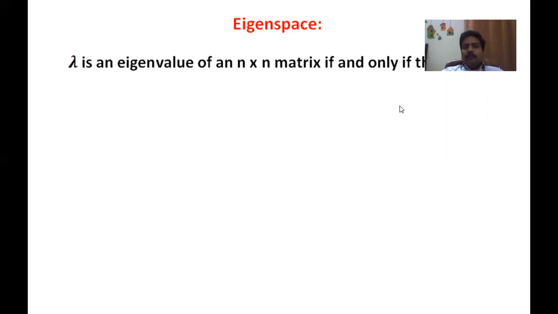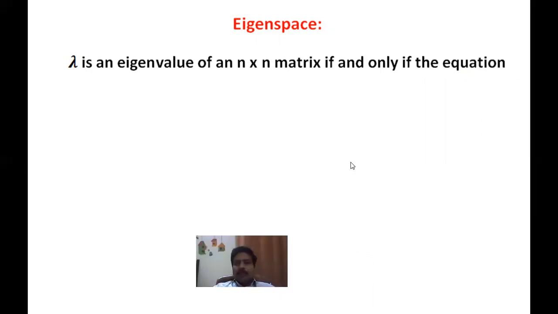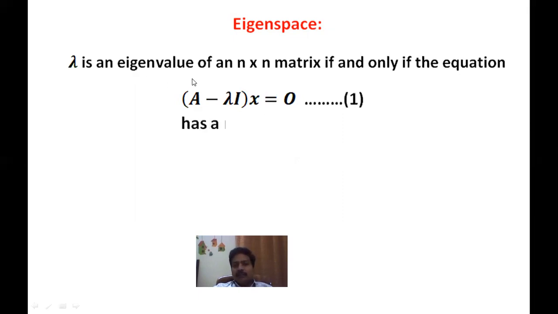Lambda is an eigenvalue of an n by n matrix if and only if the equation A minus lambda I x is equal to O. We have seen in the earlier class that Ax is equal to lambda x implies Ax minus lambda x is equal to O. Since lambda is a scalar, if we take x as common, that will become A minus lambda I times x is equal to O. So if this equation has a non-trivial solution, then only lambda is an eigenvalue.